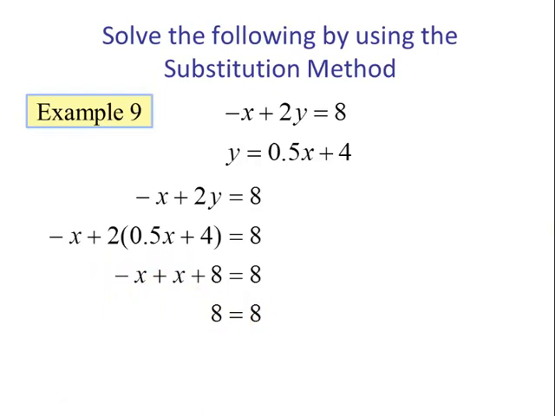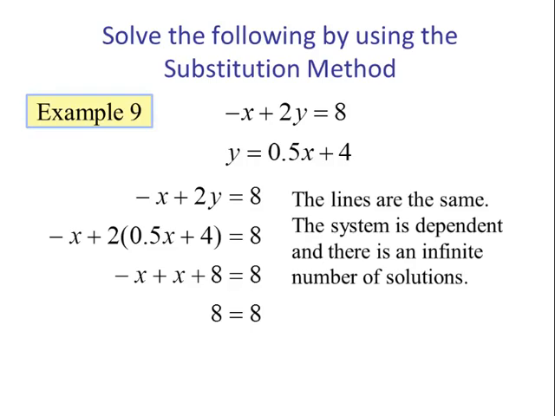That's a true statement. And when that happens, we know that the system is dependent. There's an infinite number of solutions because the two lines are the same line. Now, one way of writing a solution, and you'll see this in some algebra books, is they would write x comma y, that means this is the solutions, such that, and then they give the equation.